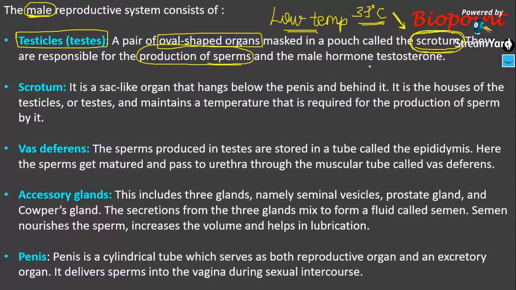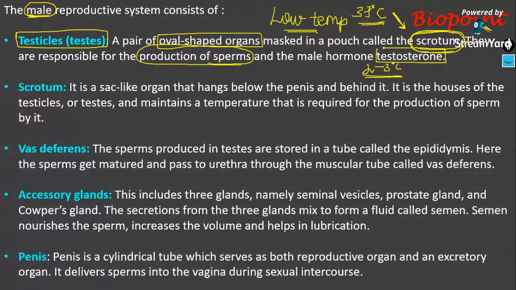So the formation of sperms requires 2 to 3 degrees Celsius lower than normal body temperature, which is achieved by placing the testis outside the body in a pouch-like structure called the scrotum. So a pair of oval-shaped organs housed in the scrotum are responsible for the production of sperms and the male hormone, testosterone.